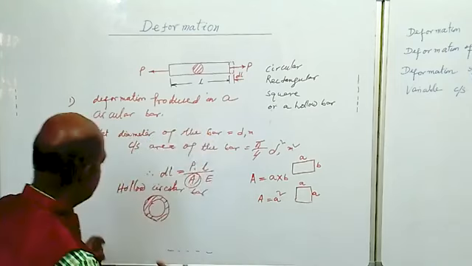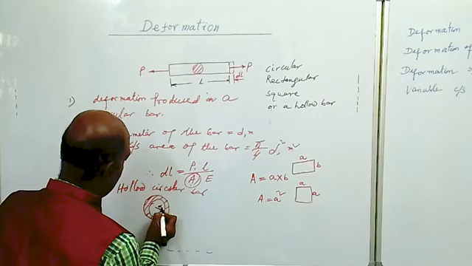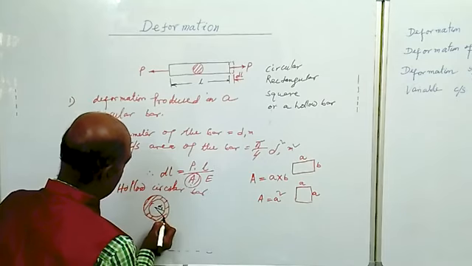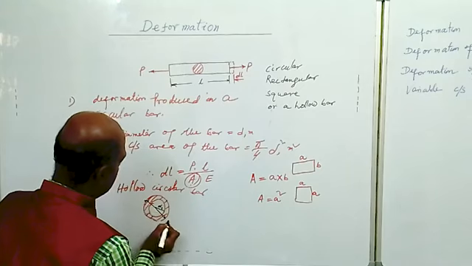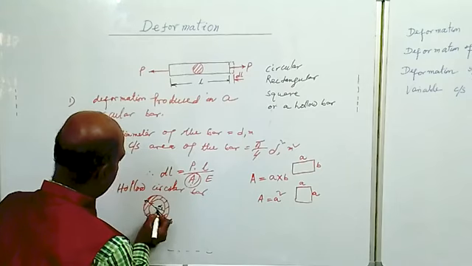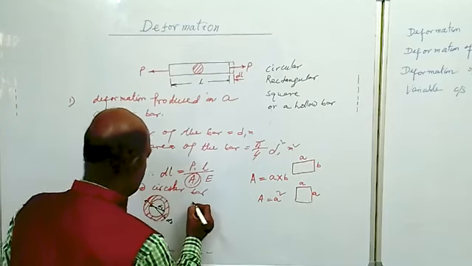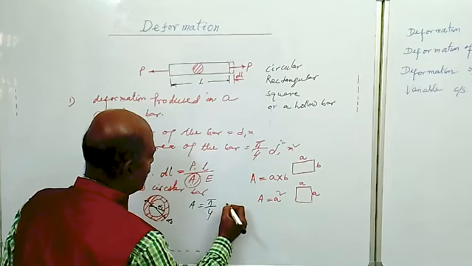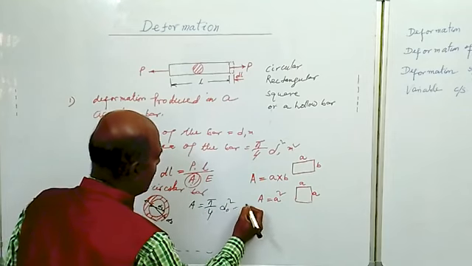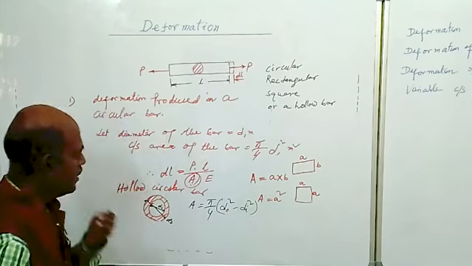Let the inner diameter be di and the outer diameter be do. So the cross sectional area is equal to pi by 4 into do square minus di square. So this is the cross sectional area.